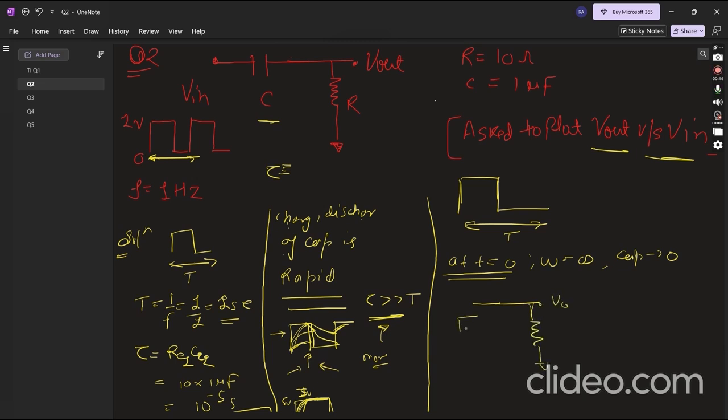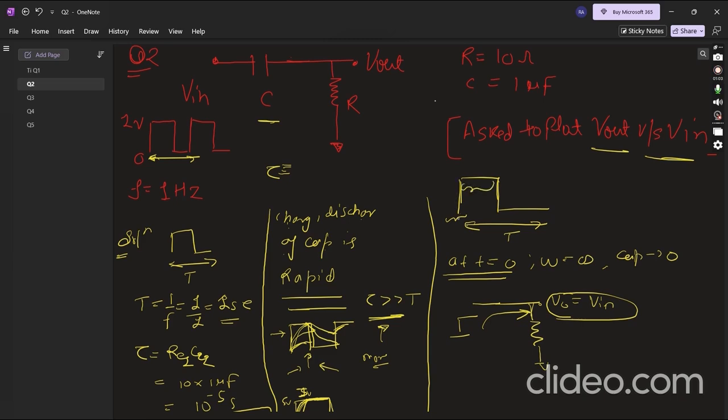This is V out, this is the input, and all the V input travels to V out. So V out becomes V in. This is the definition of a high pass filter, which passes the high frequency, like infinite frequency, and attenuates the low frequency.